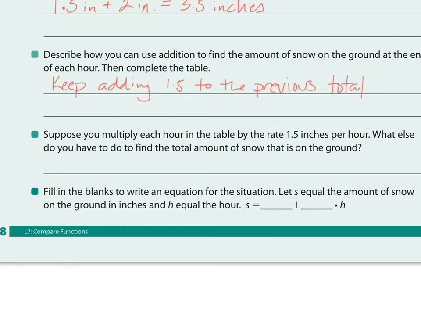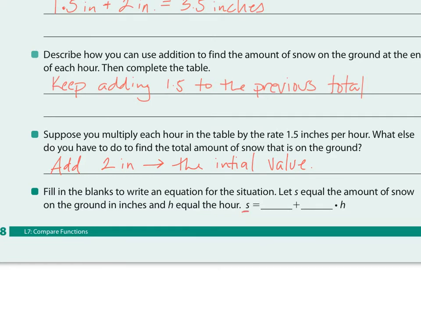Suppose you multiply each hour by 1.5. What else do you have to do? I'll just say on here, add 2 inches, which is the initial value. So let's make sure we do that. Yes, we can write an equation for this. S in our equation right here is the amount of snowfall.